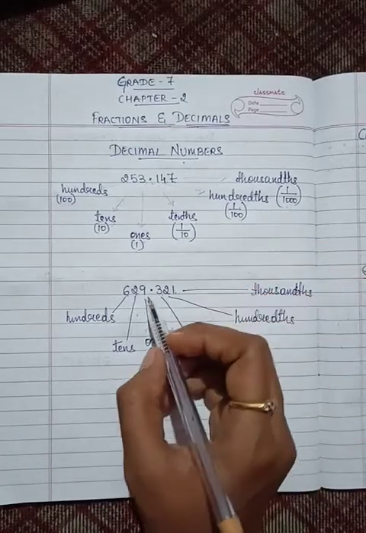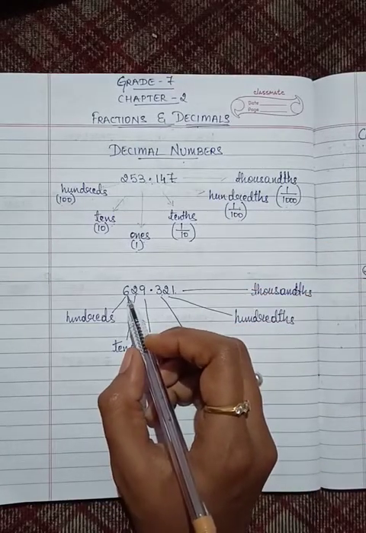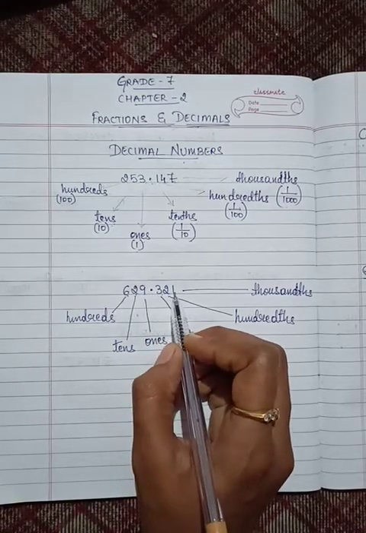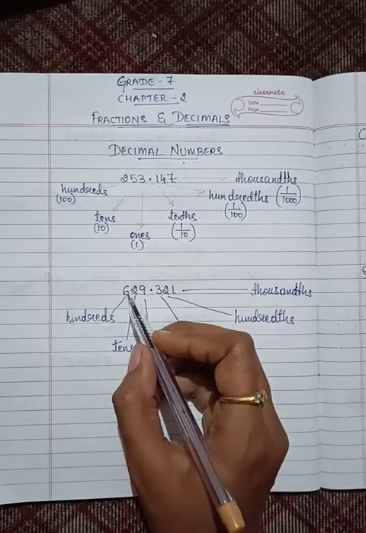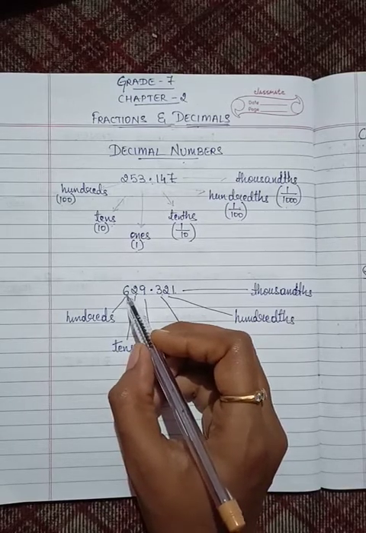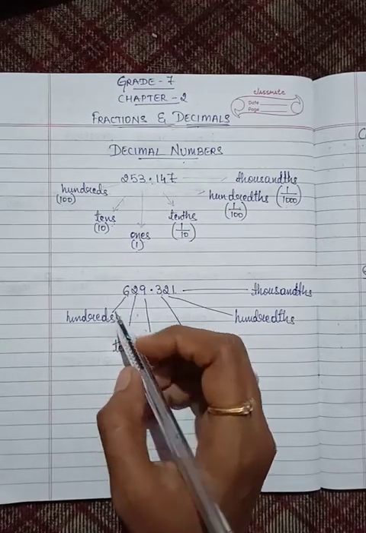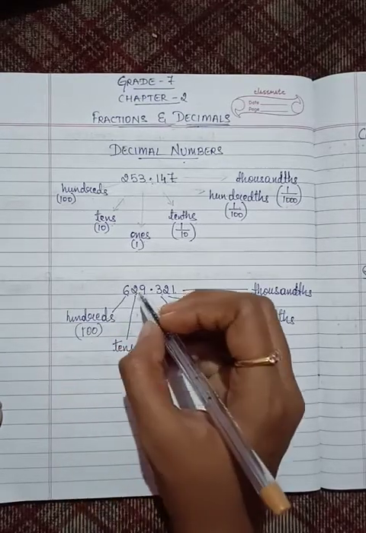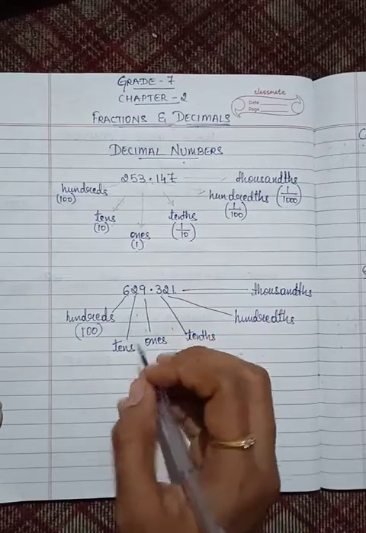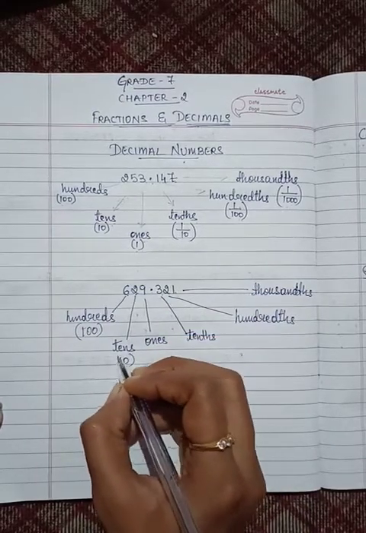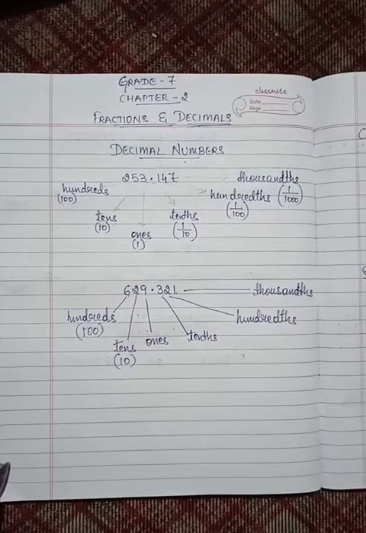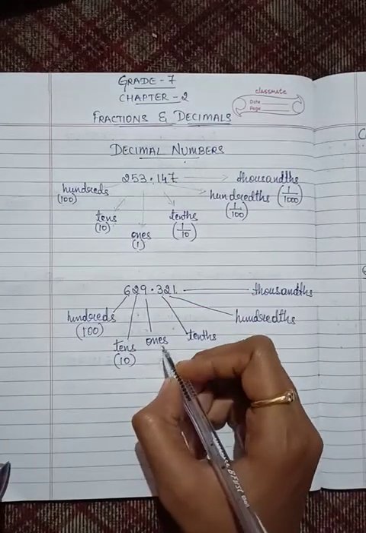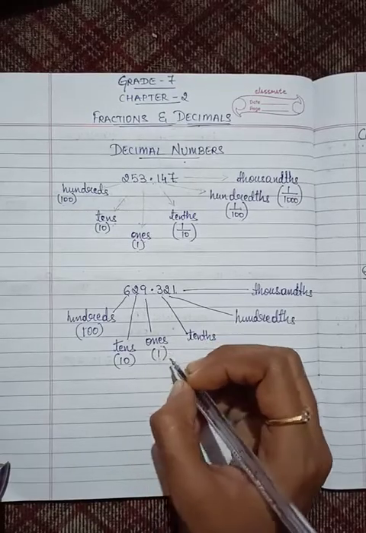Now coming to the second example, 629.321. Similar to the previous example, 6 is in its hundreds place, which is denoted by 100. 2 is in its tens place, denoted by 10. 9 is in its ones place and which is denoted by 1.